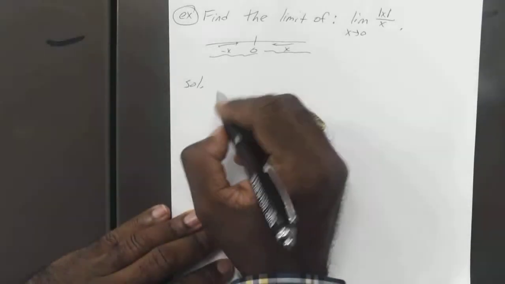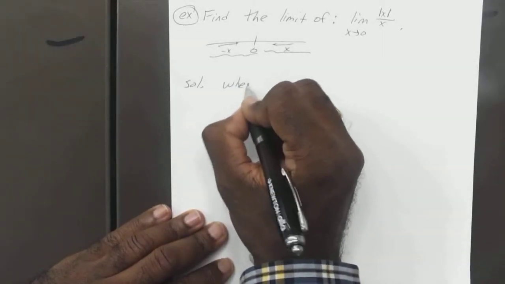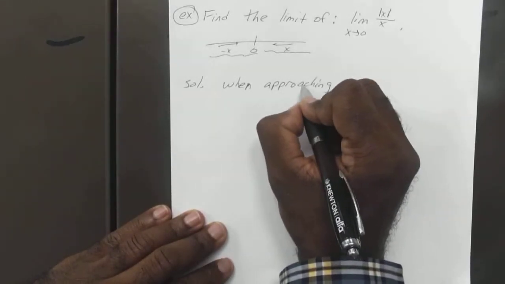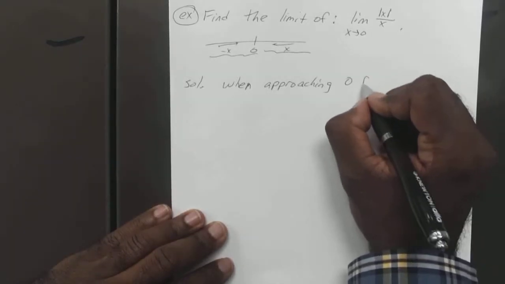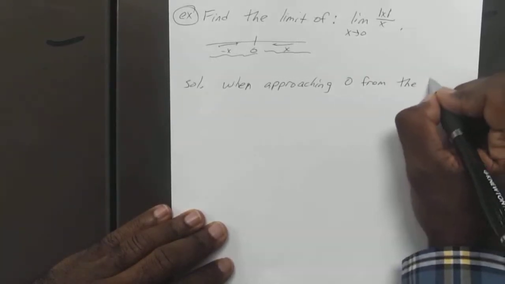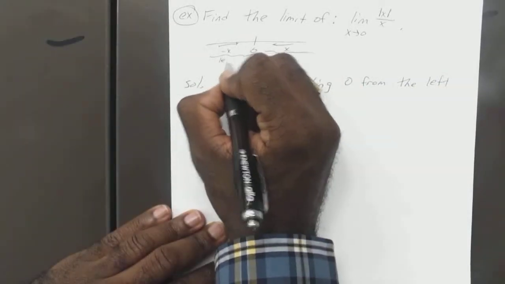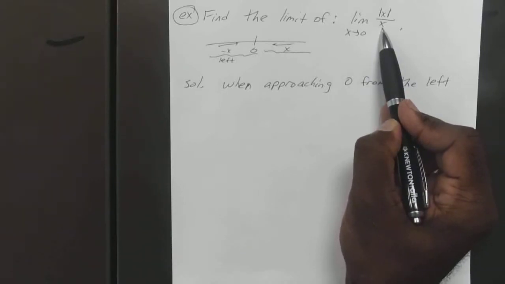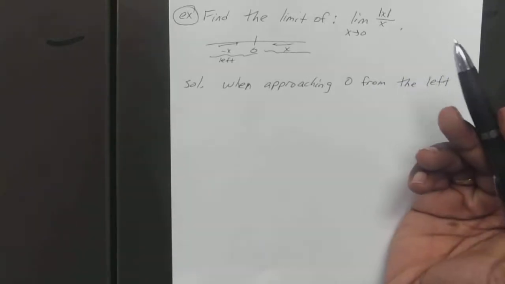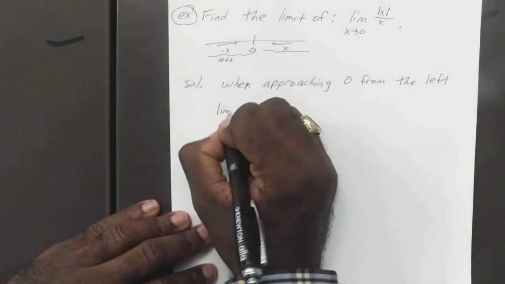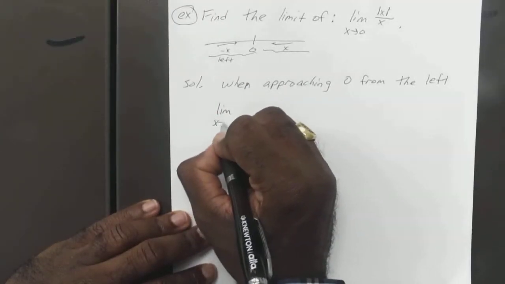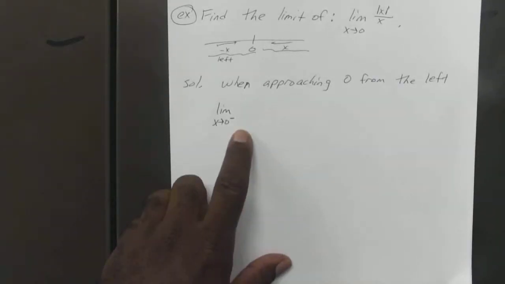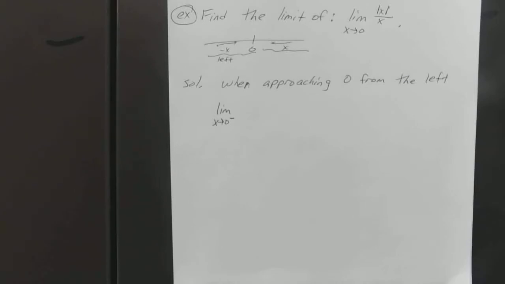All right, so let's say if we're approaching 0 from the left, this is the approaching from the left, then that means that will be a negative x at the bottom. It will be absolute value of negative x over negative x, as x approaches 0, and we'll actually get into that terminology in a second, but from the left, it will be like a little exponent of a negative sign.